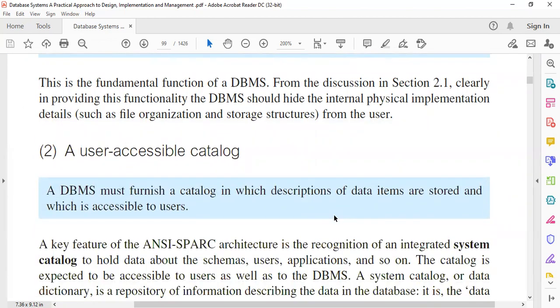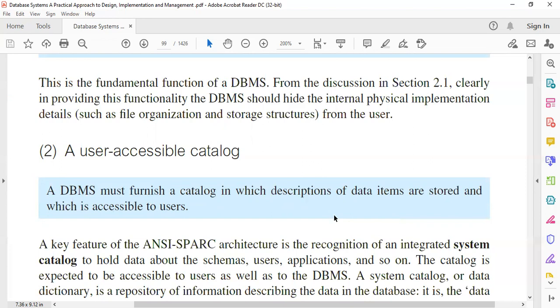The other function of DBMS is to provide an accessible catalog. We said that a database not only contains the data, or the operational data, it also contains the description of this data. We refer to it as the system catalog. We refer to it as the data dictionary. We also refer to it as the data definition, or metadata.